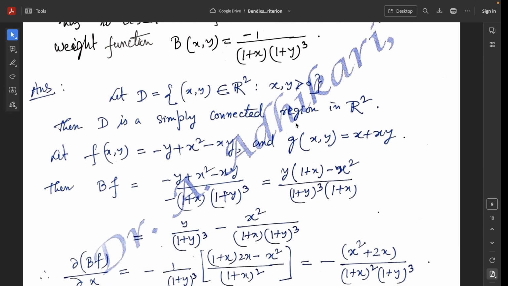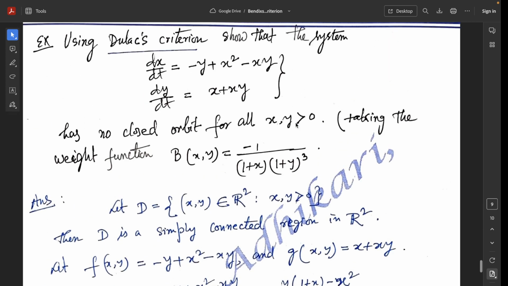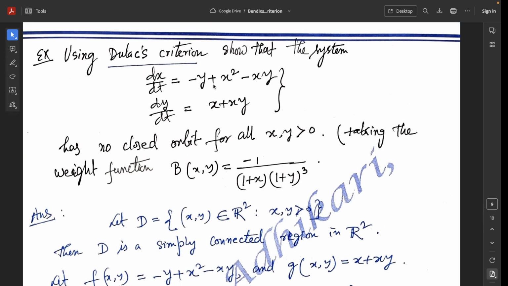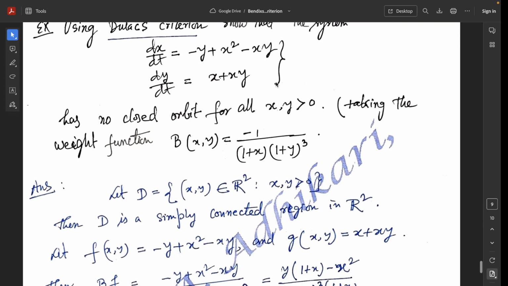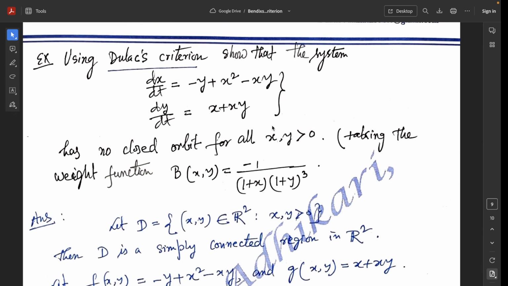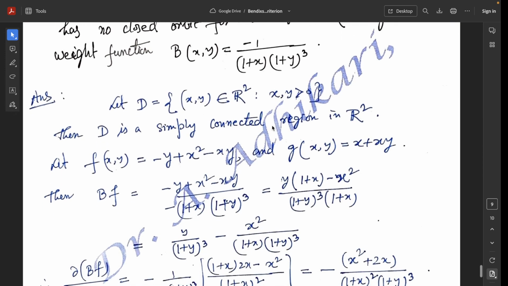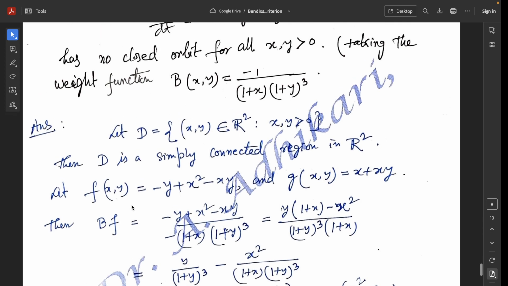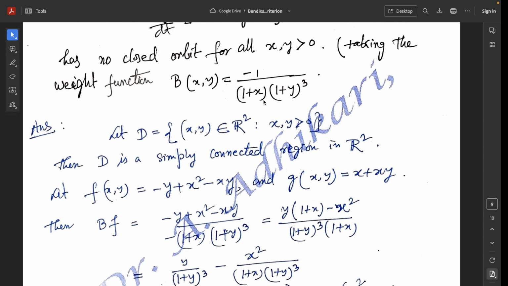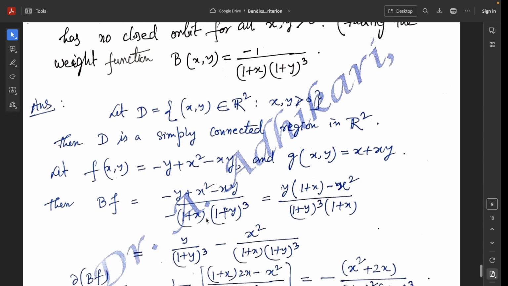Obviously, D is a simply connected region in R2, and let f(x, y) equal minus y plus x square minus xy, and g(x, y) equal to x plus xy. Then B into f, where B is this, minus 1 by (1 plus x)(1 plus y) whole cube.